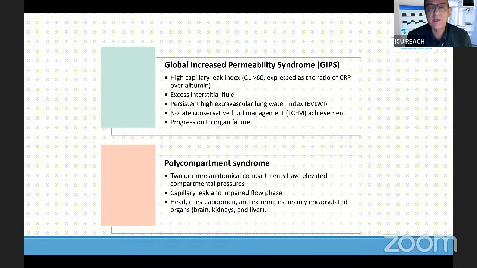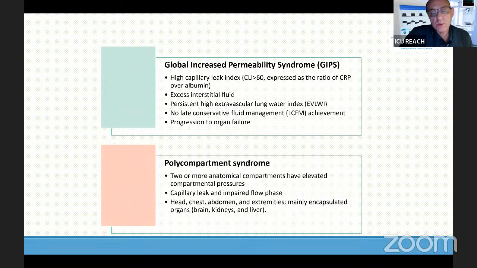And of course, you're going to see excess interstitial fluid and persistent high extravascular lung water index, and your management with the late conservative fluid management strategy would not be possible, and patients would be progressing into organ failure. If you have two or more anatomical compartments that have elevated pressures, that's what we call polycompartment syndrome. Could be the head, chest, abdomen, or extremities.